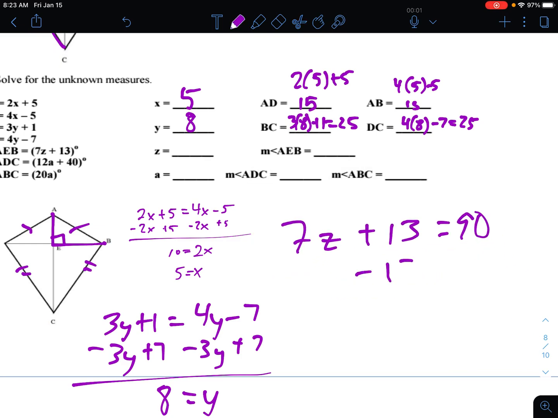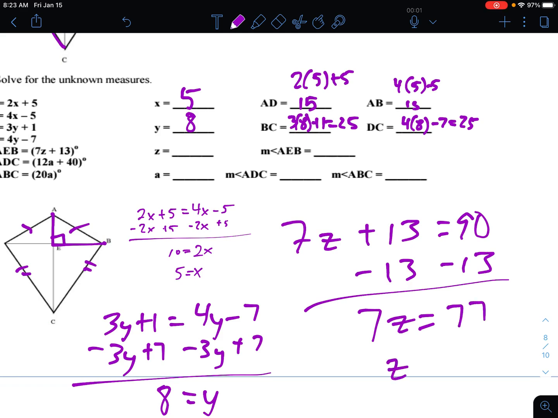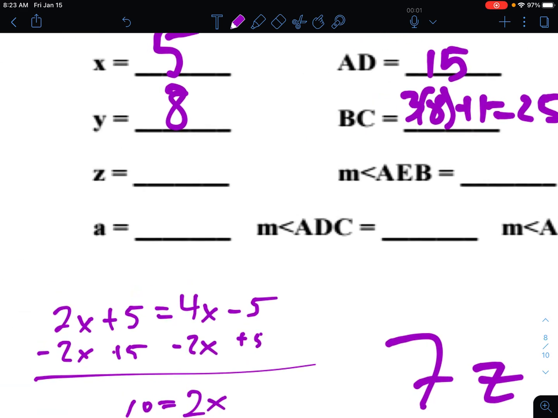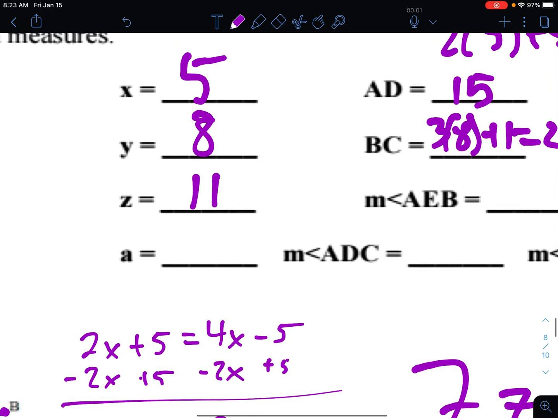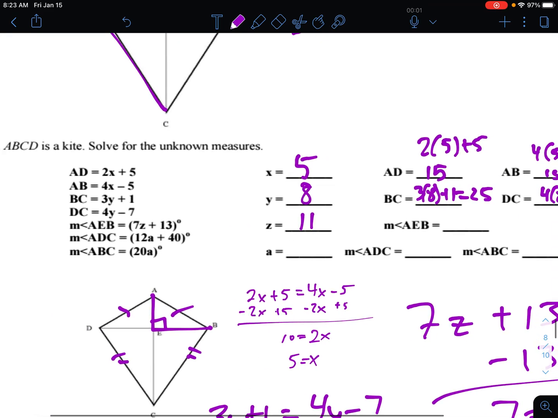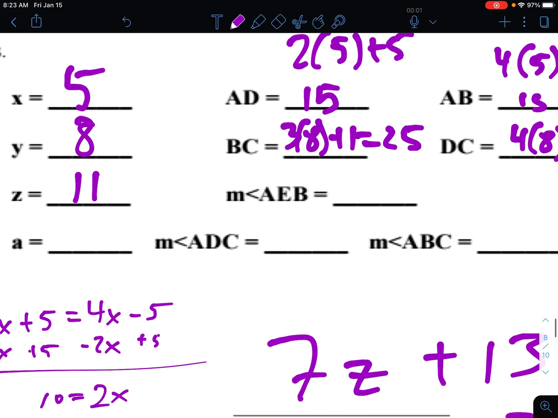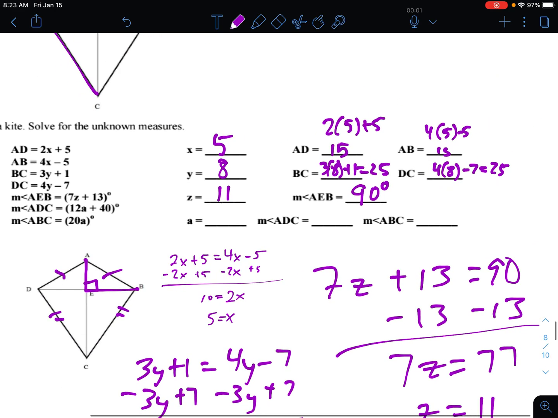Let me subtract 13, divide by 7. z is equal to 11. AEB then is going to be, well, we already know that's 90 degrees. But 7 times 11 is 77, plus 13 is 90.